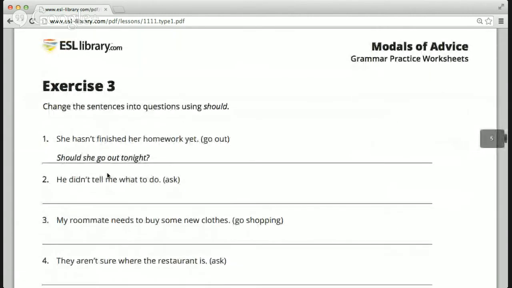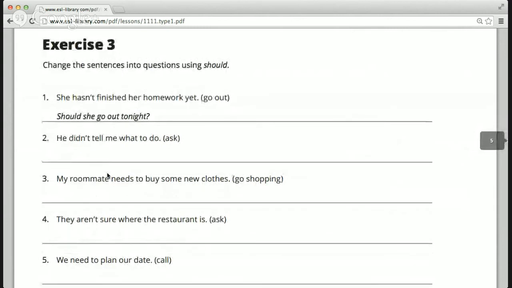Now, we've practiced just plugging in the word "should." We've taken out some words, and we've added some more in. Now all we have is the verb, and you guys need to create your own sentence based on that verb.